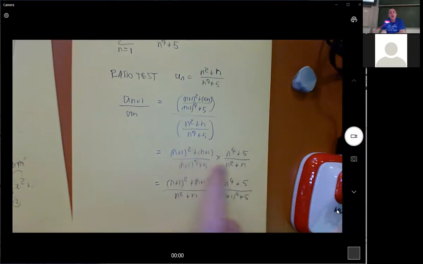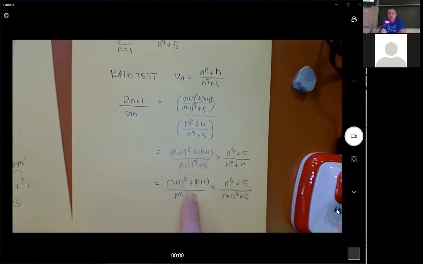This is all multiplication and division. I can divide by this n squared plus n either late in the piece or early in the piece because everything's multiplication and division. So I'm allowed to switch these and it will be the same answer. And the reason I've done that is because this n squared plus n and this (n plus 1) squared plus (n plus 1) are the most similar to each other.